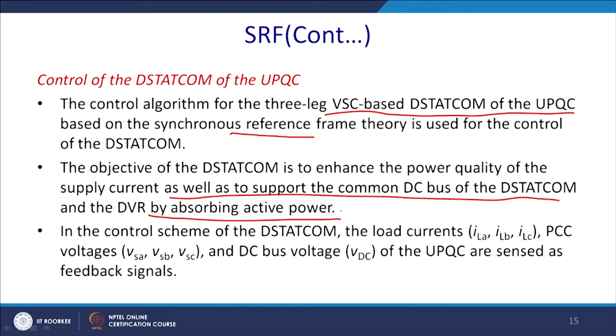For the control scheme of the D-STATCOM, the load currents ILA, ILB and ILC, the PCC voltages VA, VB and VC, and the bus voltage VDC of the UPQC are sensed as the feedback signals.